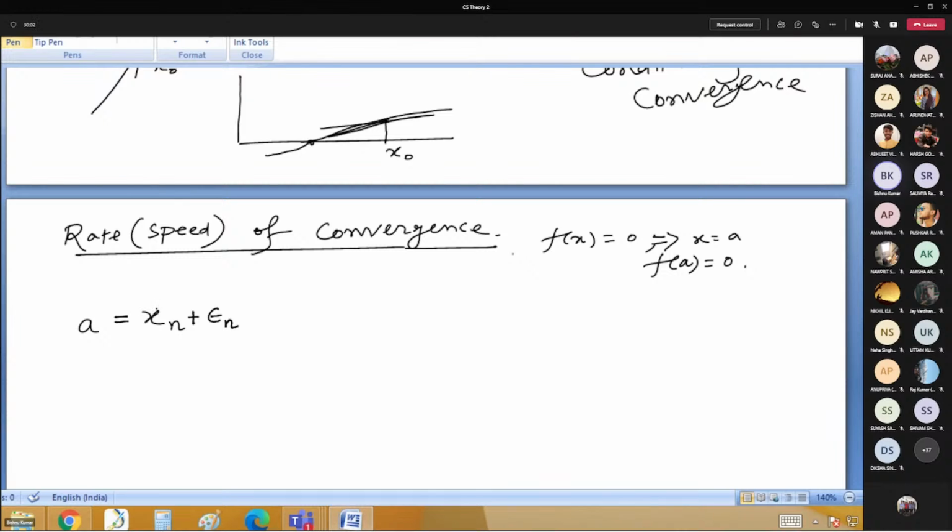Whatever value you get in the nth iteration is the approximate iterated value, so along with the approximate value some deviation is there, and that error term is epsilon n. So A equals the iterated value plus the error, isn't it? Is it okay? Yes, sir. Then f of xn plus epsilon n equals 0, because it now becomes exact.